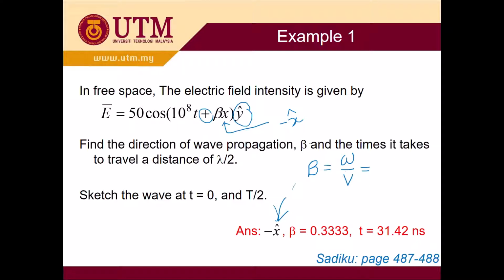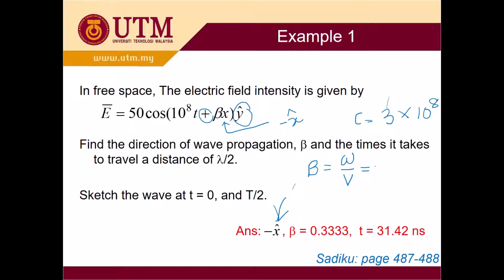Here in free space, the electromagnetic wave travels at the speed of light. Please remember the speed of light is c equal to 3 multiplied by 10 to the power of 8 meters per second.